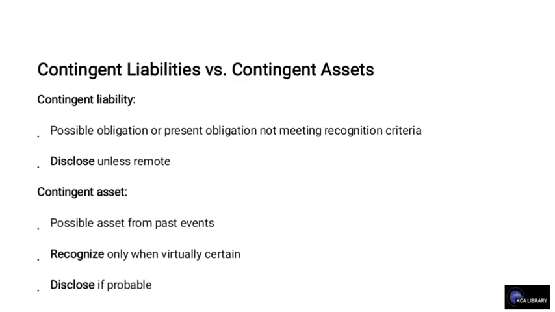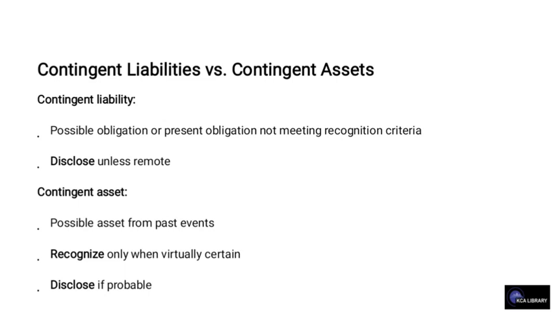For contingent liabilities versus contingent assets, contingent liabilities are possible obligations or present obligations not meeting recognition criteria, and they are disclosed unless remote.